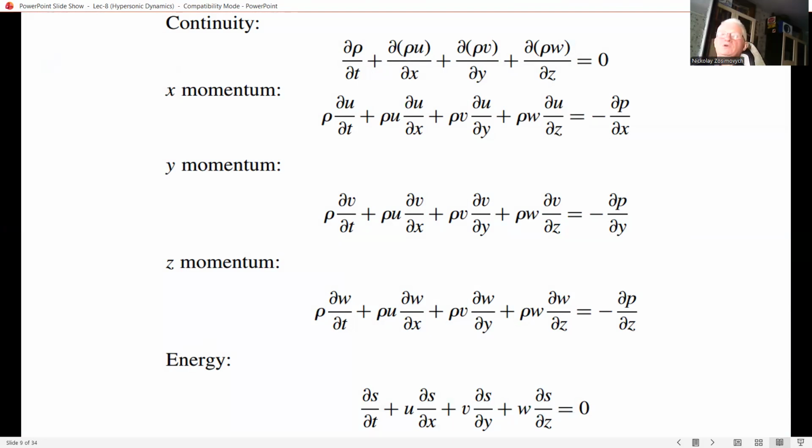For the analysis of inviscid hypersonic flows, the exact nonlinear Euler equations on this slide do not yield closed-form theoretical results of a general nature, and hence various physical approximations had to be applied to these exact equations in order to obtain a system of approximate equations which are more tractable to theoretical analysis.